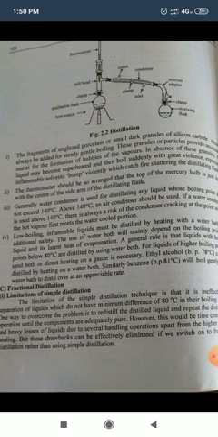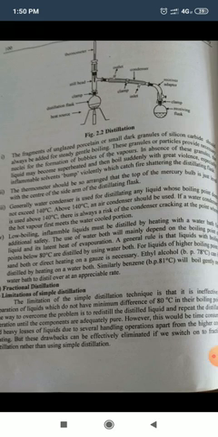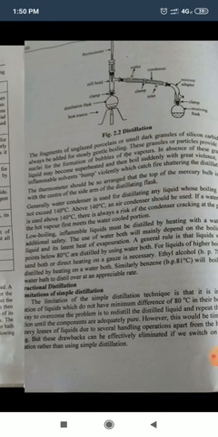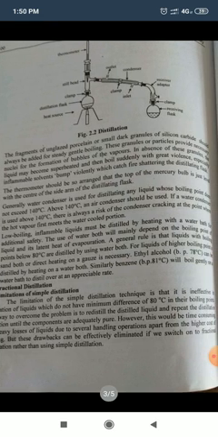A fragment of unglazed porcelain or a few small granules of silicon carbide should always be added for steady, gentle boiling. These granules provide the necessary nuclei for the formation of bubbles of vapor.